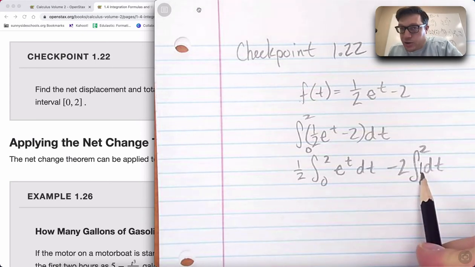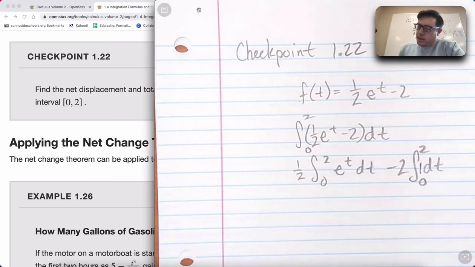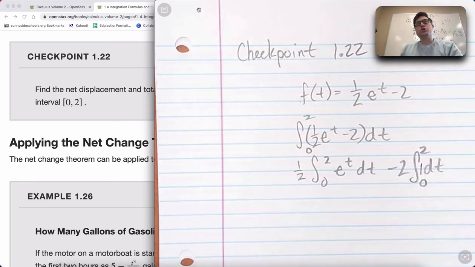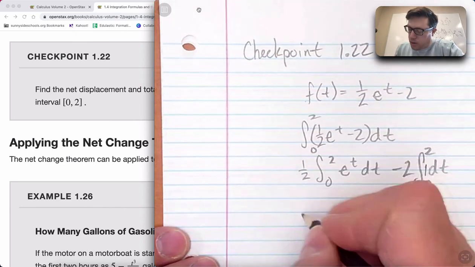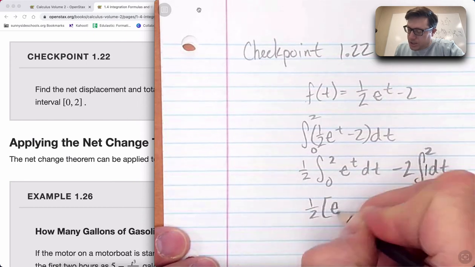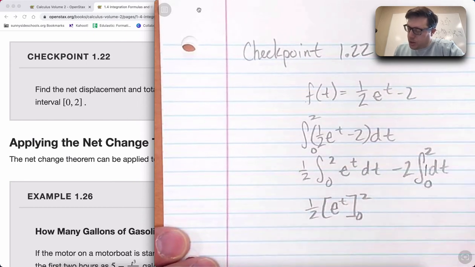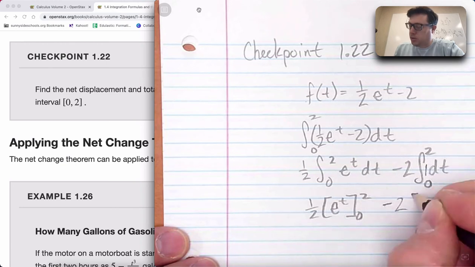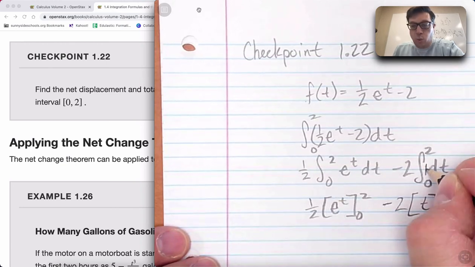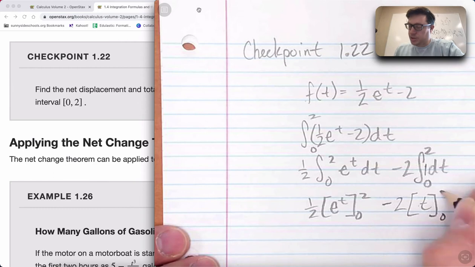If we don't write it down, the integrand is still a constant number 1. Now, integrate. If the derivative of e to the t is e to the t, then the integral of e to the t is e to the t. So we're not going to see any change here. We're going to have 1 half e to the t from 0 to 2 minus 2 integral t, right? The integral of 1 is t, 0 to 2.